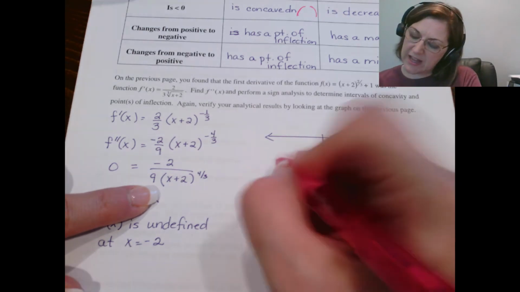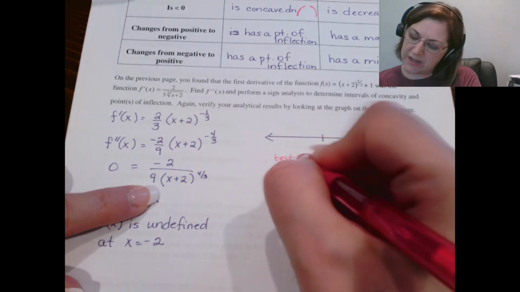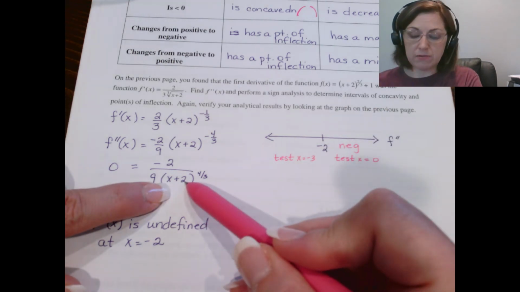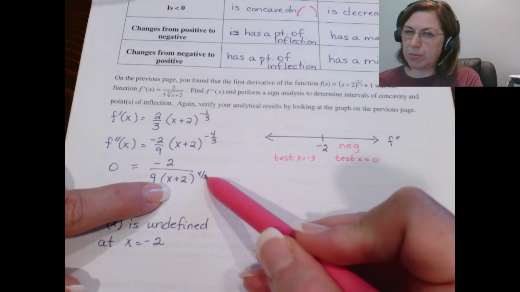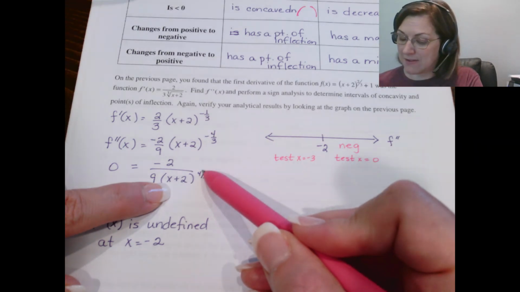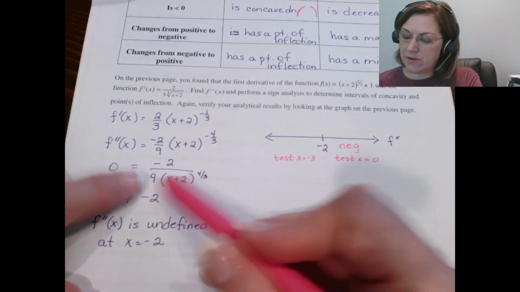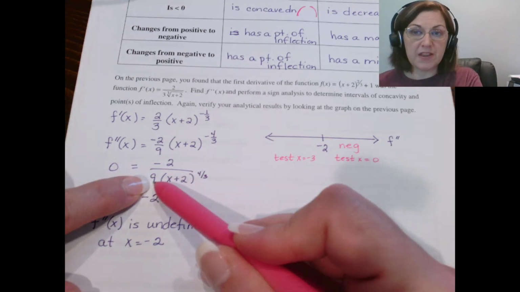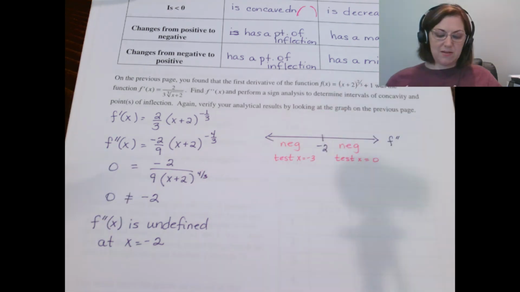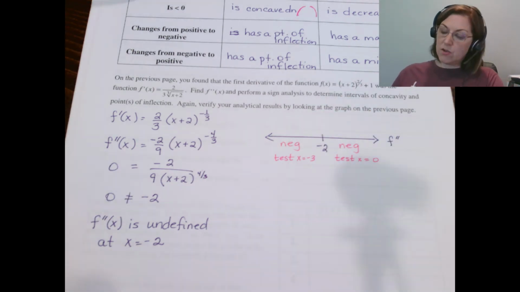Okay, then we'll test the other side. Let's test x equals -3. Okay, so -3 plus 2 is -1, right? Cube root, but then I'm going to the fourth power. Anything to the fourth power is going to be positive. So I get a positive times a positive, and then I'm dividing with a negative, so I'm getting a negative again. So what does that tell me?